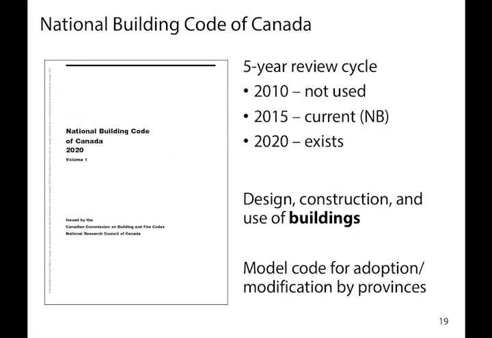And so right now, though, even though the NBCC 2020 is a document that exists at the federal level, we don't use NBCC 2020. February 1st of 2021, the New Brunswick government legislated the adoption of the 2015 version of the National Building Code for the province.